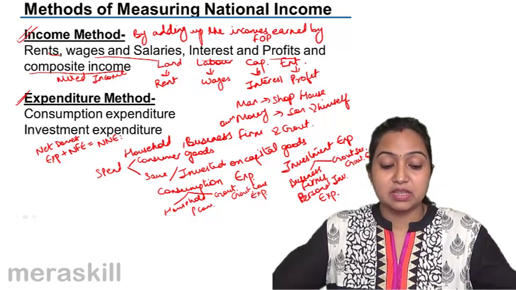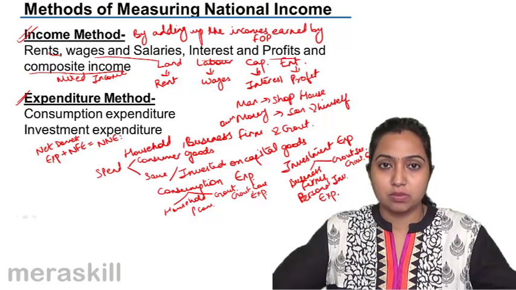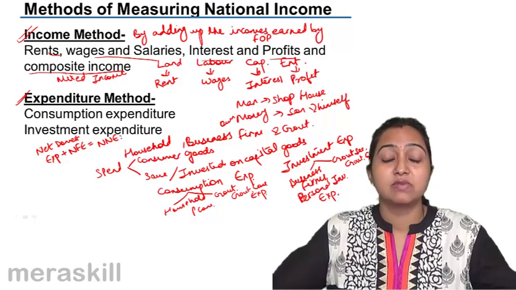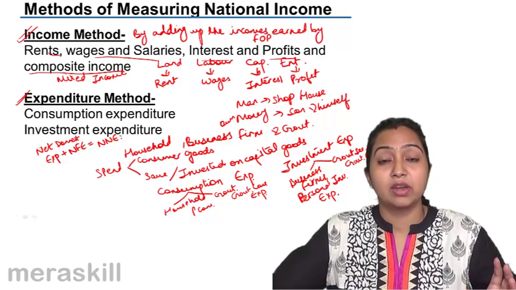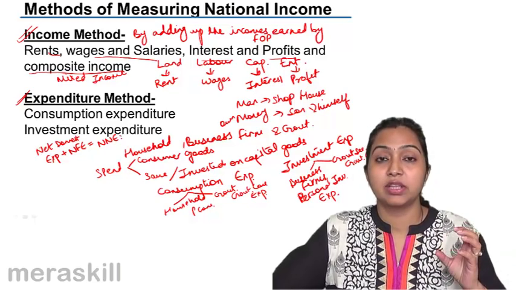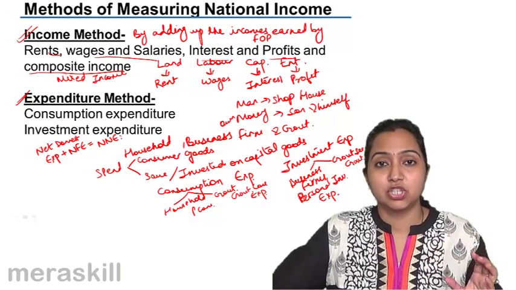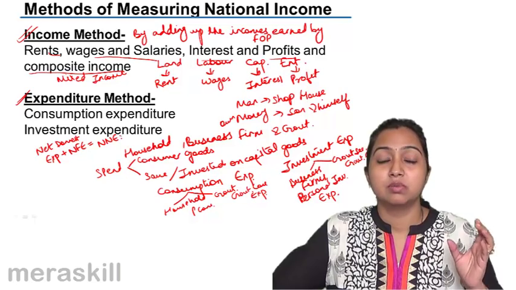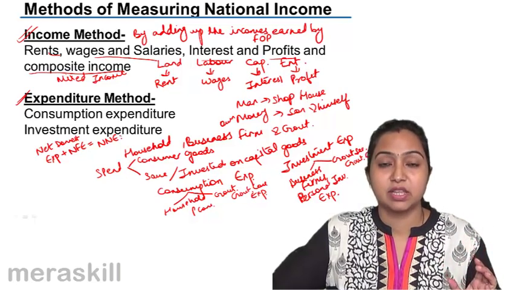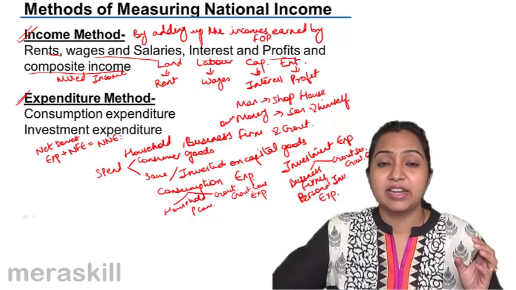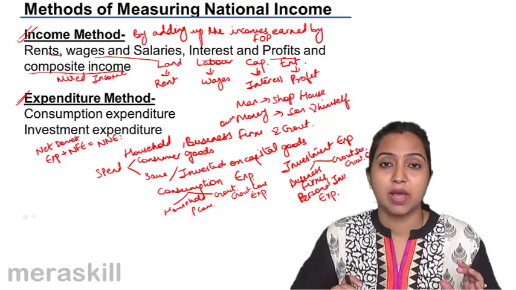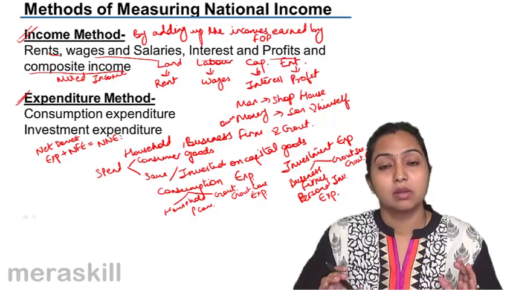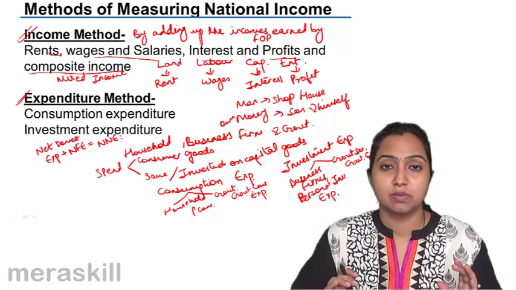All the three methods are important from the point of view of an economy. By using all the three methods, we get a 3D image of the economy: where the incomes are coming from, where the expenditure is going, and what production has taken place in the economy. Ideally speaking, the estimates that we get from all the three should match. But ideally it is not so, because there are discrepancies in each of the methods.